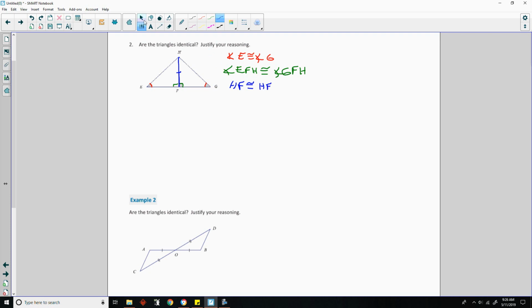So now when I label these, this is an angle, this is an angle, and this is a side. This is an angle, already labeled this as an angle, and this is a side. So that is angle, angle, non-included side, and therefore the triangles are identical by angle, angle, side.